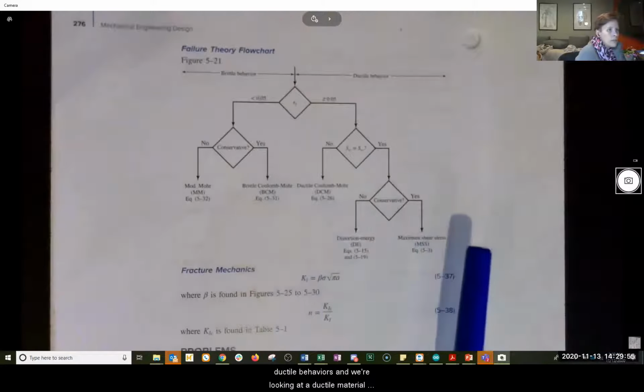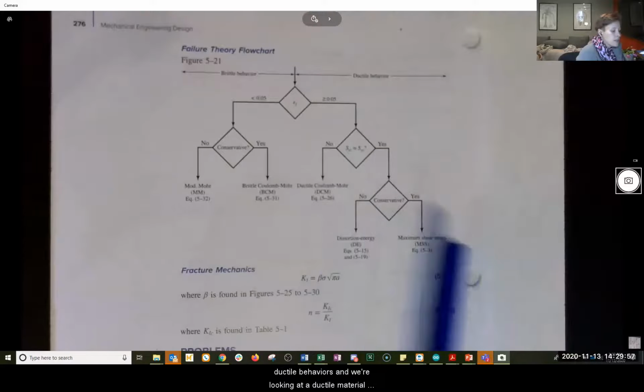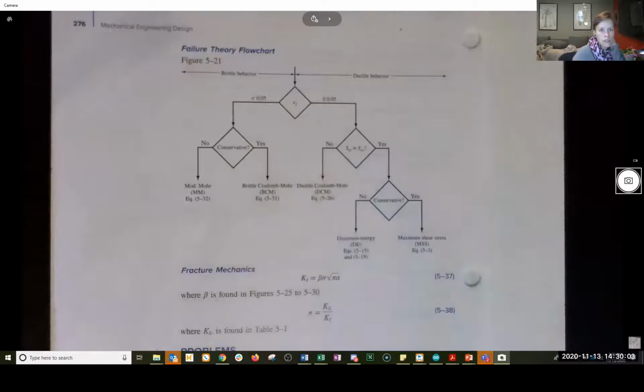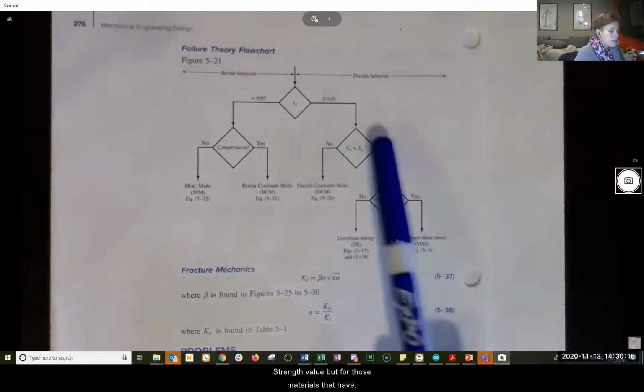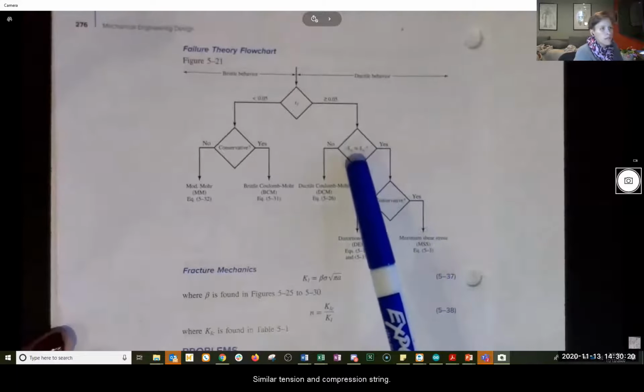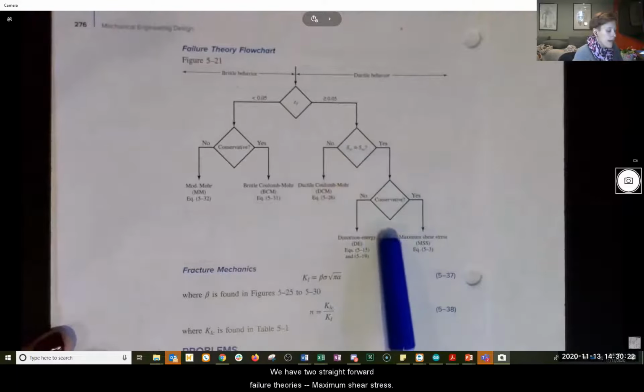Right now we're looking at ductile behaviors, and we're looking at ductile material that has similar response in both tension and compression. And so there are materials that are going to respond differently in tension than in compression. They're going to have a different type of strength value.